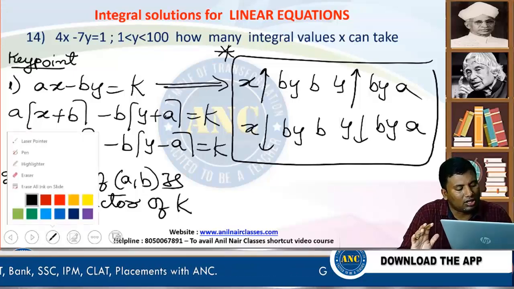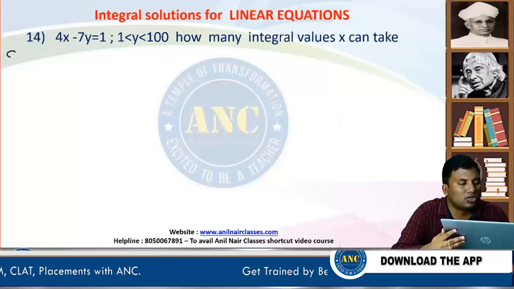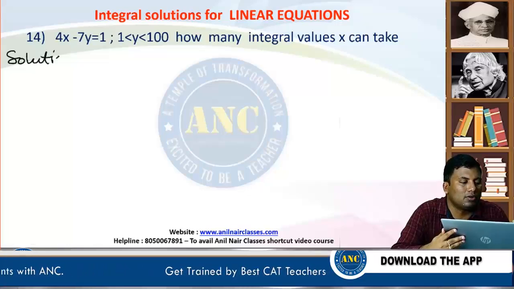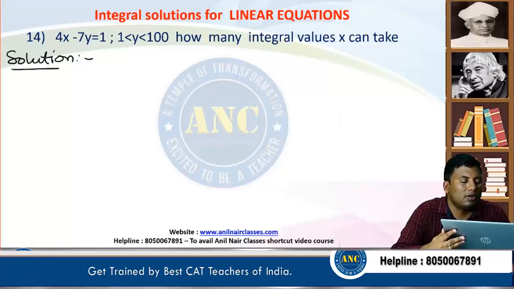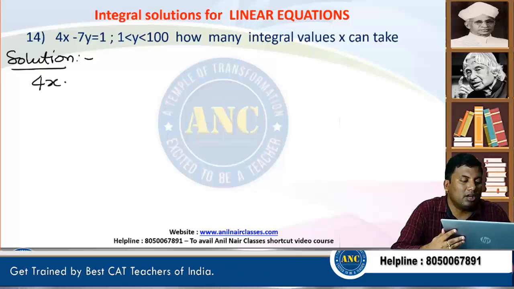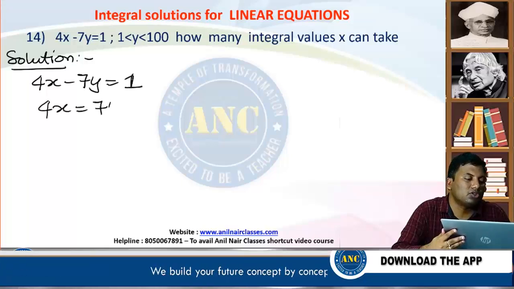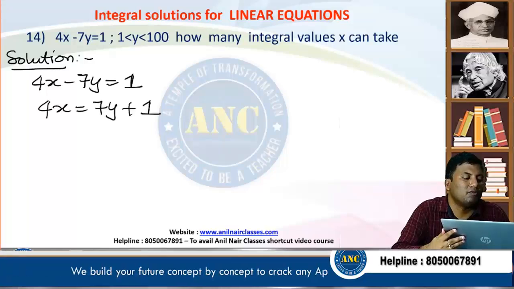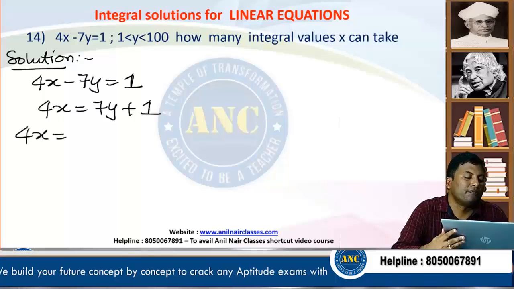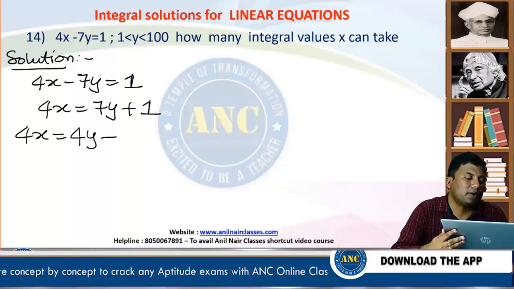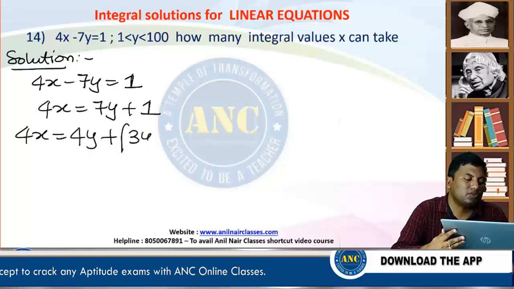Now, let us solve the question. How I will solve this question? Solution. 4x minus 7y equivalent to 1. So, these are nothing but 4x equivalent to 7y plus 1. 4x is nothing but 4y plus 3y plus 1.